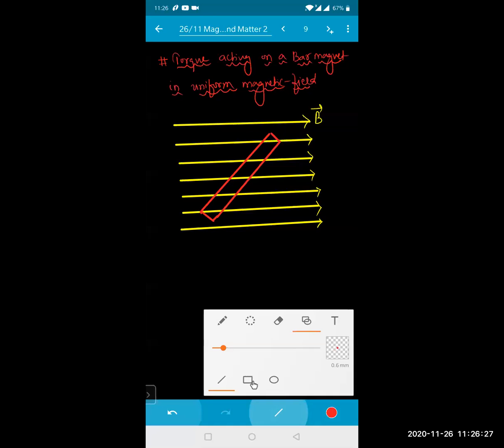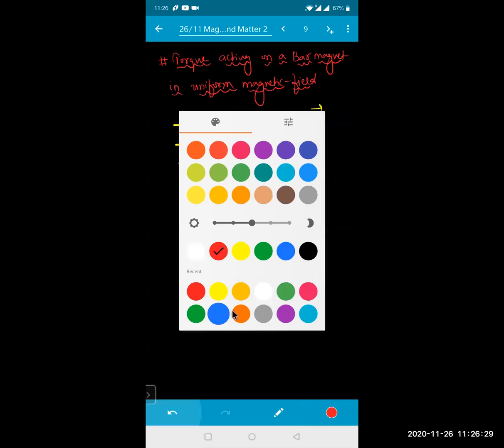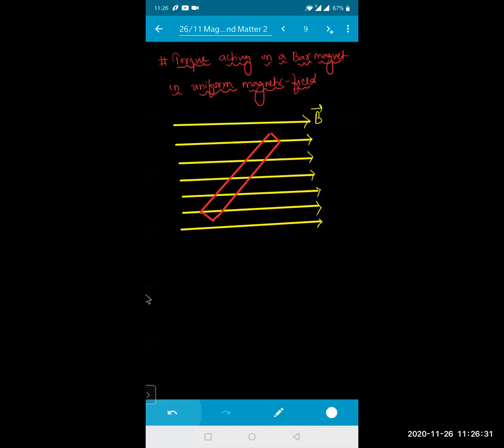Okay, so this is your bar magnet. Here and here, these are the pole strengths. The length of this is 2L. This is the length of the bar magnet. Pole strength of this one is M. This is your north pole, and this is your south pole.